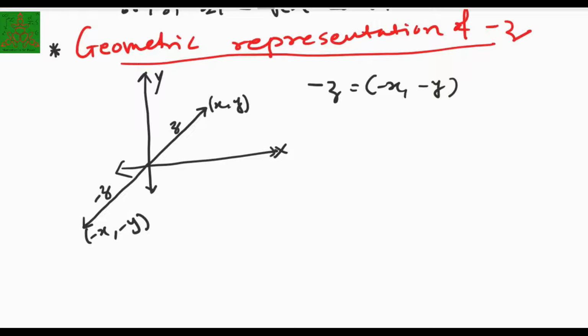So my question is, what will be the geometrical interpretation of z1 minus z2, or how geometrically the distance between 2 points is mod of z1 minus z2. So for doing that, we'll consider this as the y-axis and this will be your x-axis.